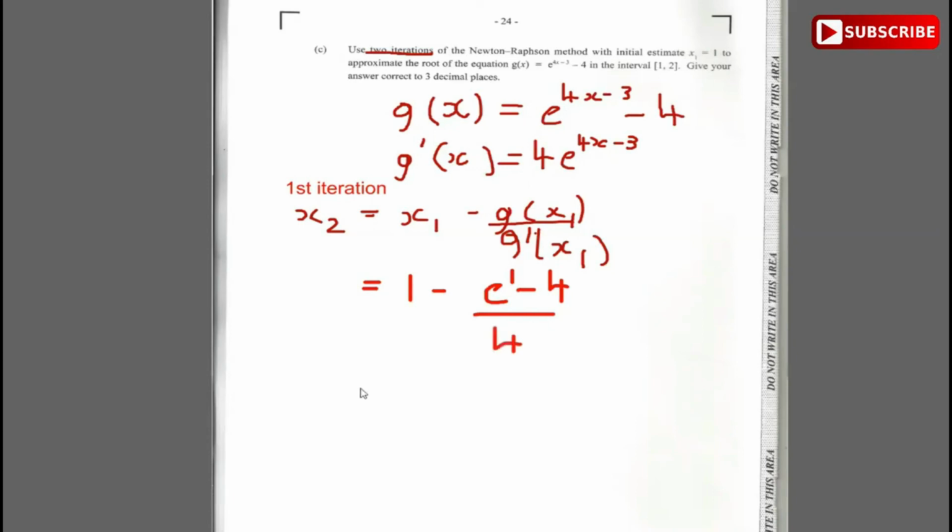Work out all of this on a calculator: e minus 4 divided by 4e, then 1 minus that answer is 1.118, correct to 3 decimal places.